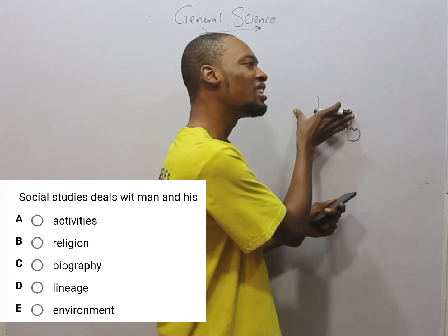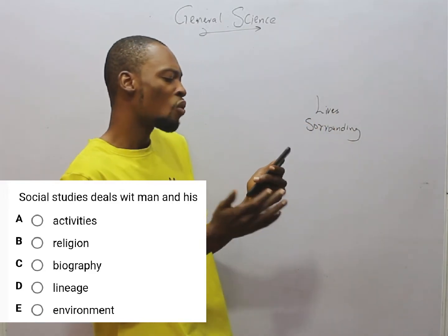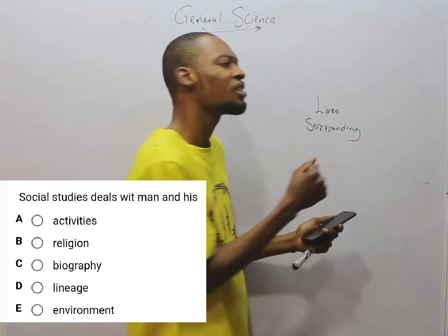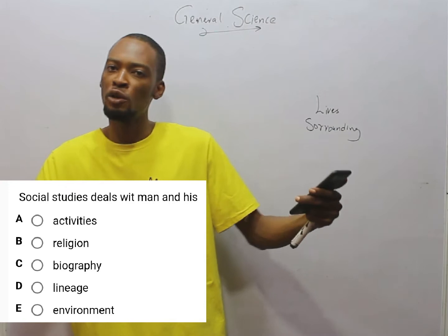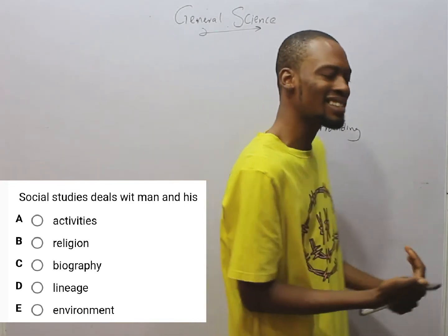So where man lives and everything around man is simply the scope of social studies. Everything around man is referred to as man's environment. Therefore, social studies deals with man and his environment.